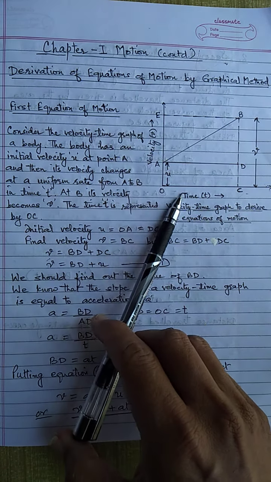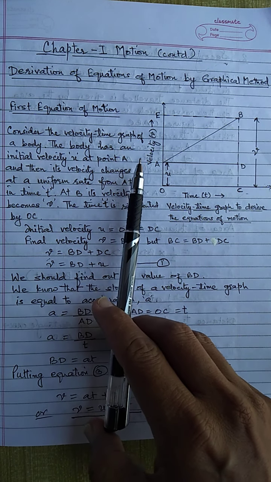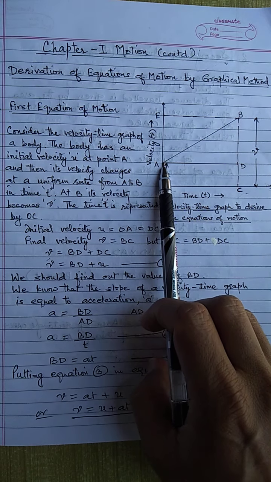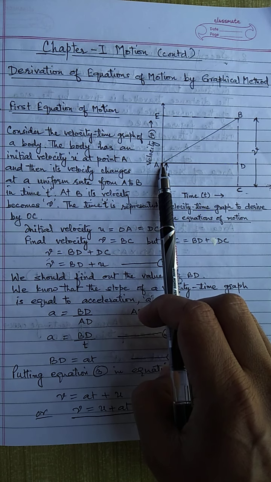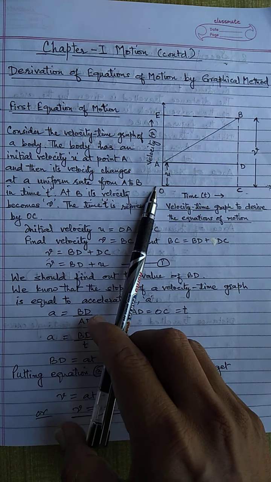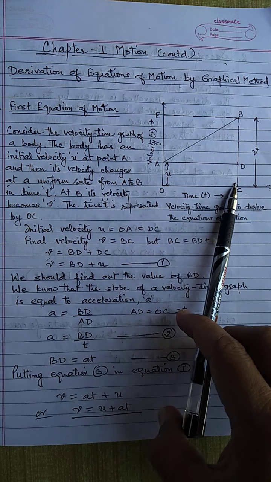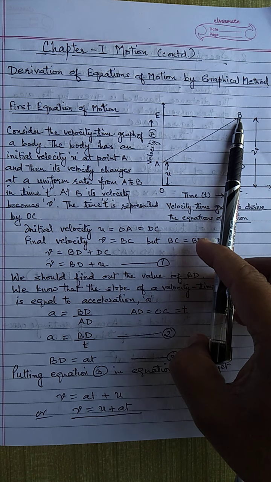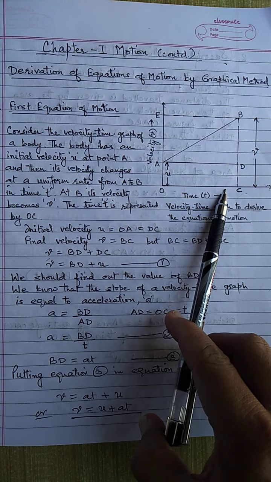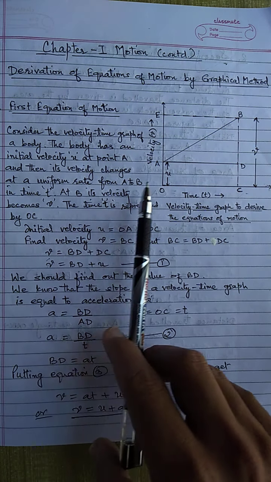On the x-axis is time, on the y-axis is velocity, as I have told you earlier, and the initial velocity is u, that is, the body is at point A initially when the time was 0. At B, after t time, the velocity of the body becomes BC. The time t is represented by OC.